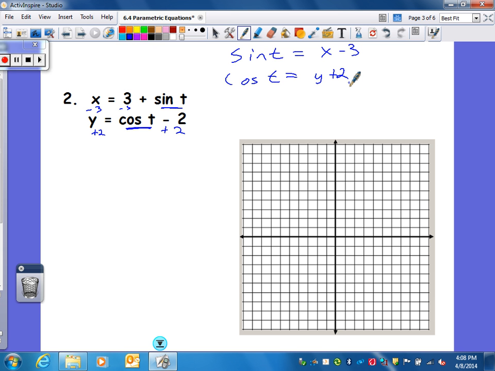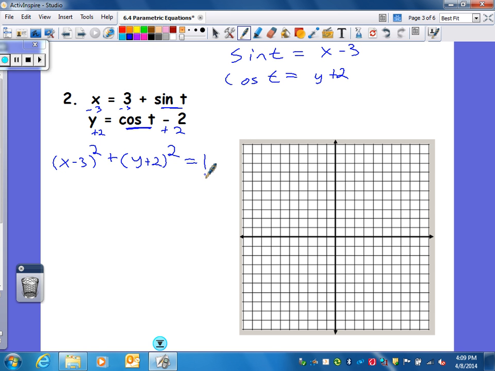Once again, we just plug it into our Pythagorean identity. We plug this in for cosine and this in for sine. So I have x minus 3 squared plus y plus 2 squared equals 1. Now I look at this and think, I have a circle here.